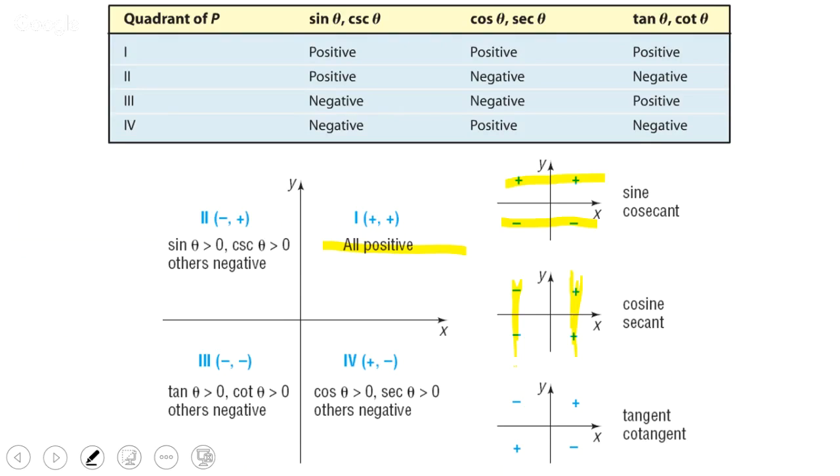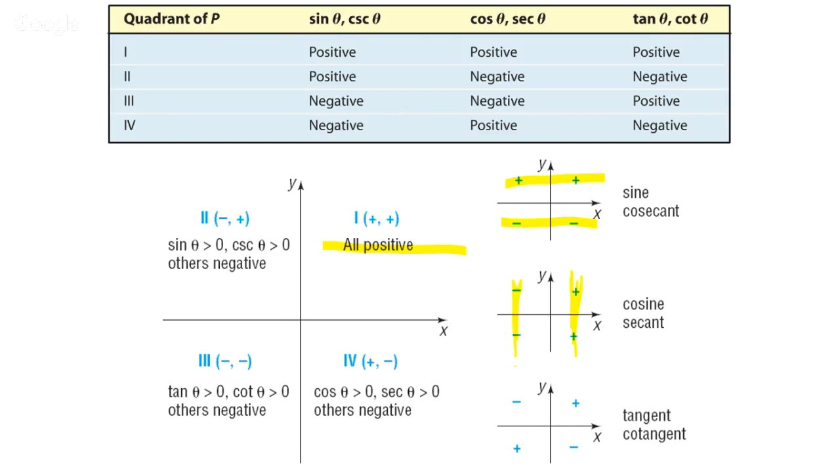Sine follows the y value and cosine follows the x value. So sine is up and down, where it's positive above and negative below. Cosine follows the x value, where it's positive to the right and negative to the left.